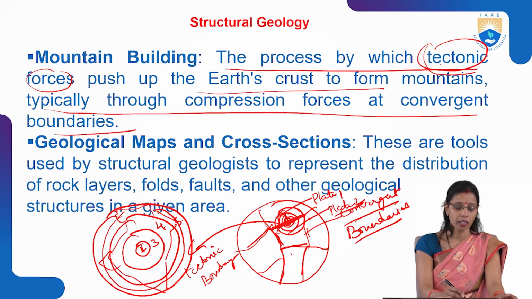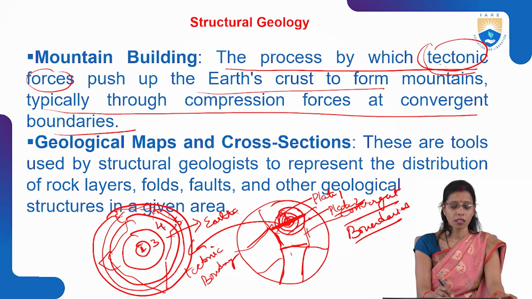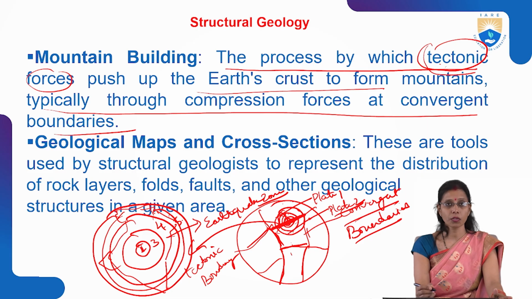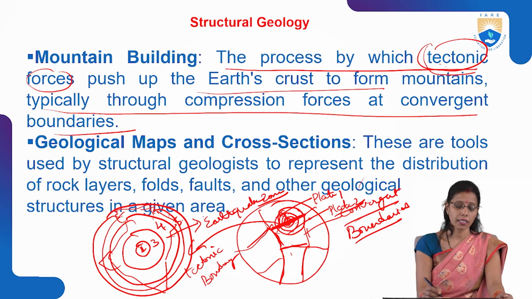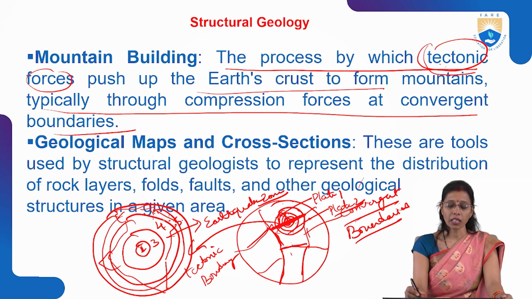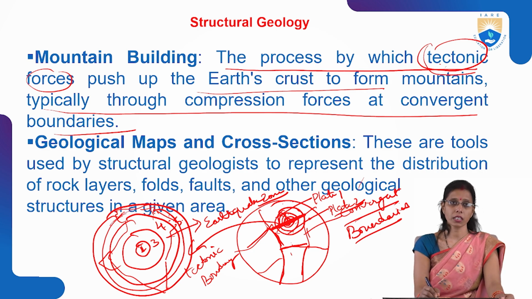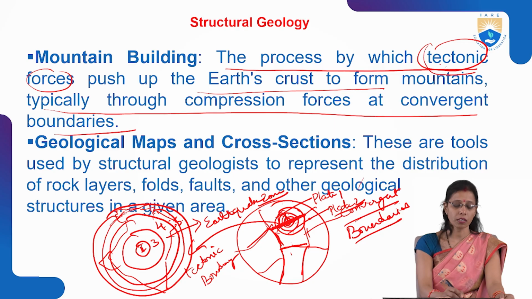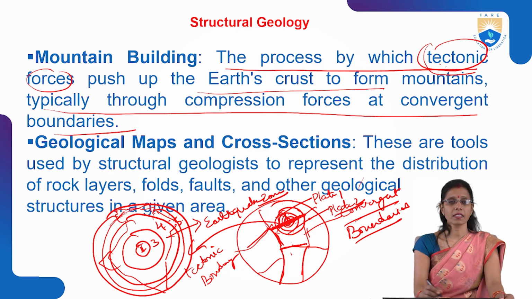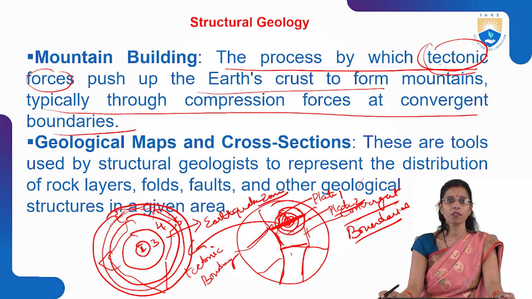Zone 4 and 5, this entire region is an earthquake zone. Why is it an earthquake zone? Because in this region these kinds of convergent boundaries are present on the earth surface. Whenever one plate collides with the other plate, at this boundary the formation of the mountain takes place.